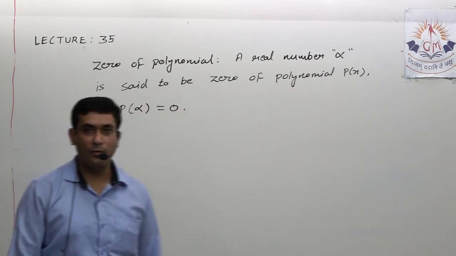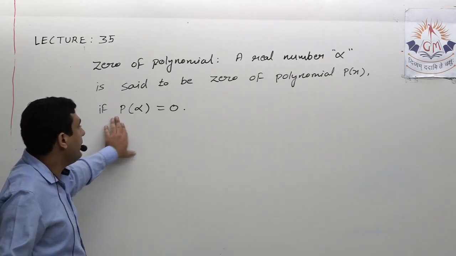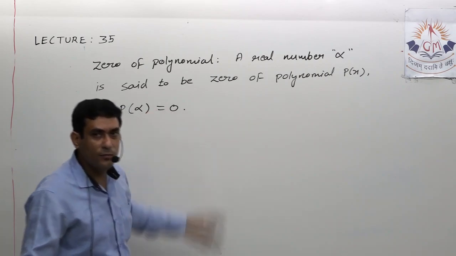Okay, vice versa is also correct. If p of alpha is 0, we will say alpha is a zero of the polynomial.